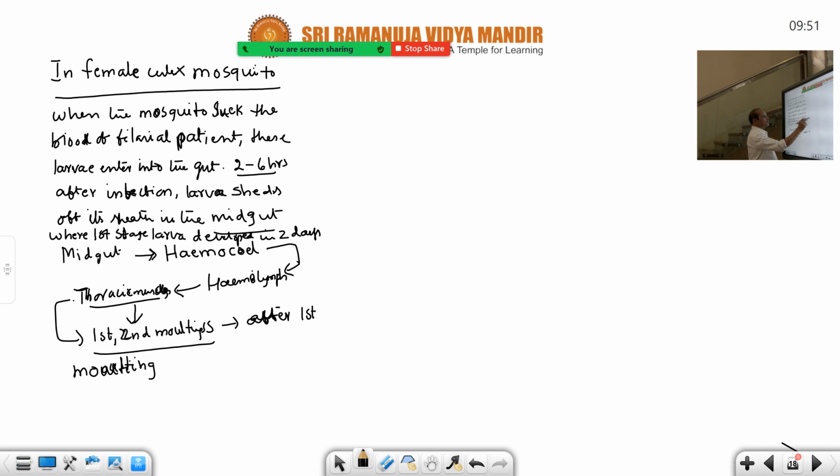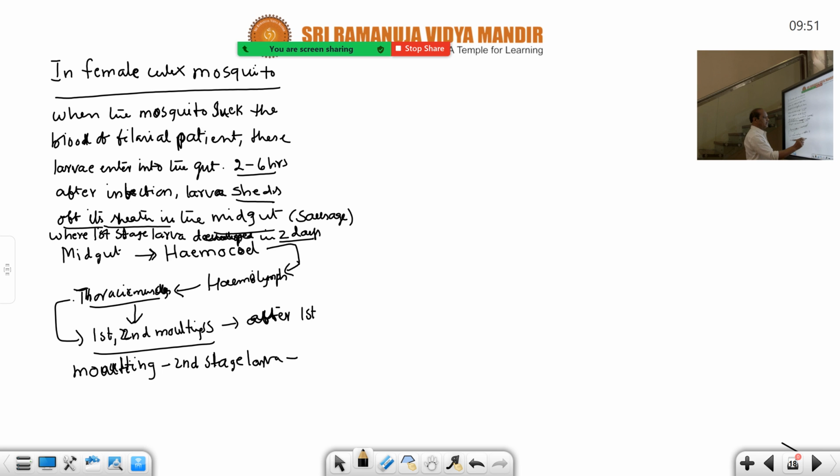Underline 2 days. 2 to 6 hours after infection, what happens? It sheds off its sheath. It loses its sheath. But within 2 days, the first stage larva is developed. That first stage larva is called the sausage-shaped larva. In the bracket I have written sausage-shaped larva. So after the first molting, the second stage larva is developed. That sausage-shaped larva undergoes first molting to form the second stage larva.